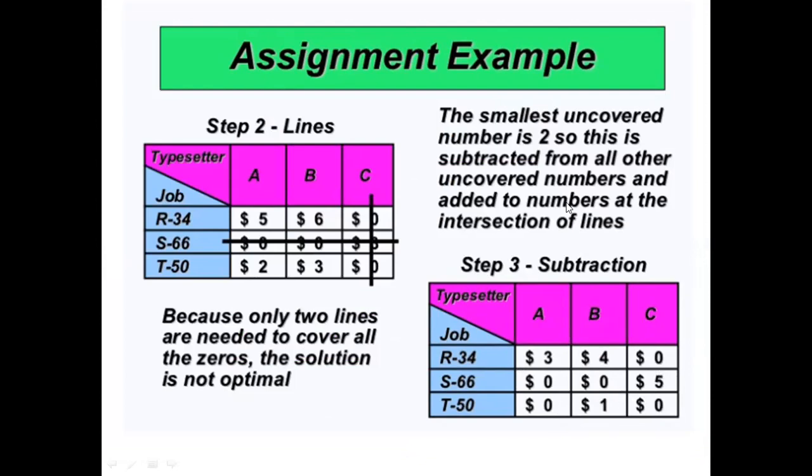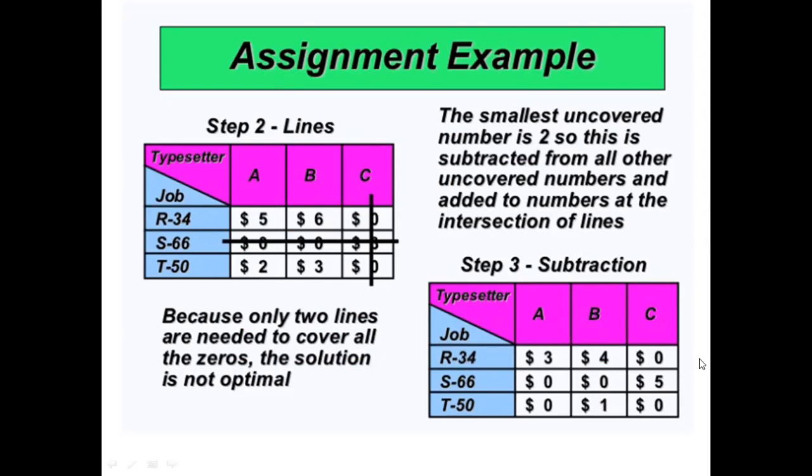We must return to step number 2, where we try to draw the minimum number of lines to cover all these zeros. In this case, we can try to make 1 line, 2 lines, and 3 lines. Is it the minimum number? Or can we make just 2 lines and cover all the zeros?